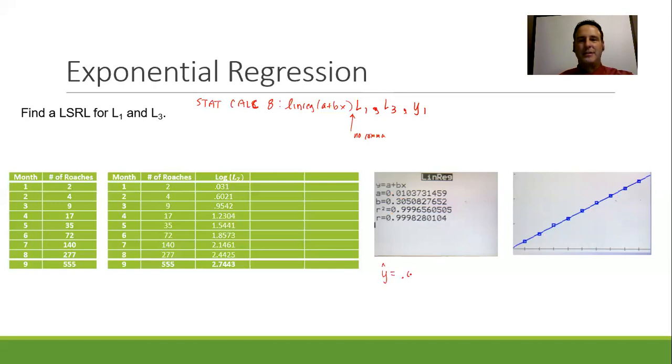A is 0.01037, plus B, which is 0.30508x. X is equal to, let's see, we said X is over here. X is months.